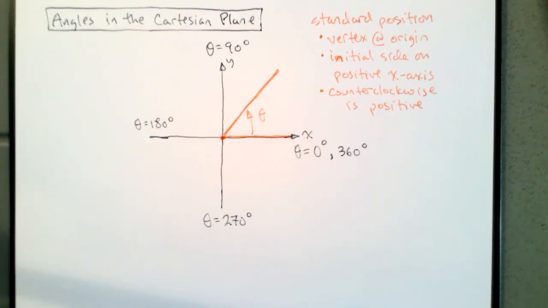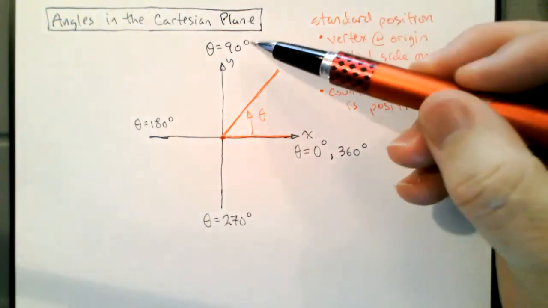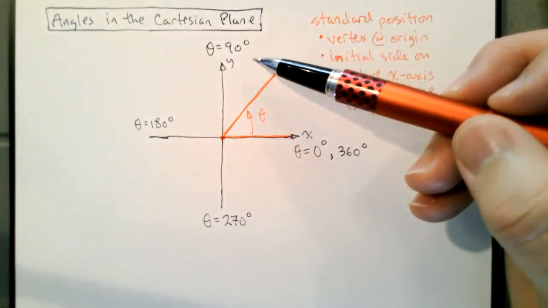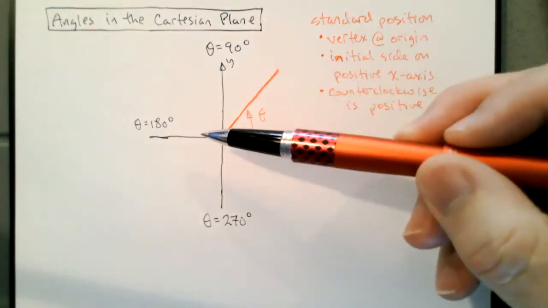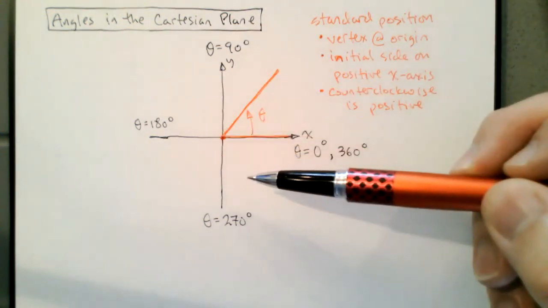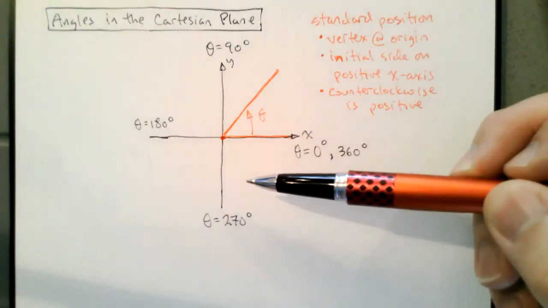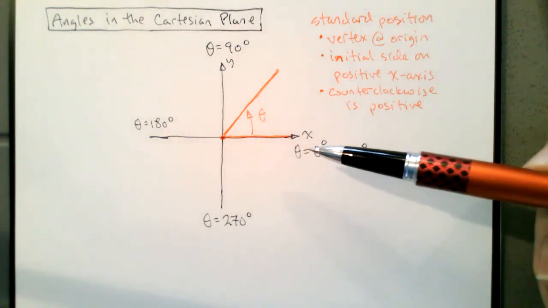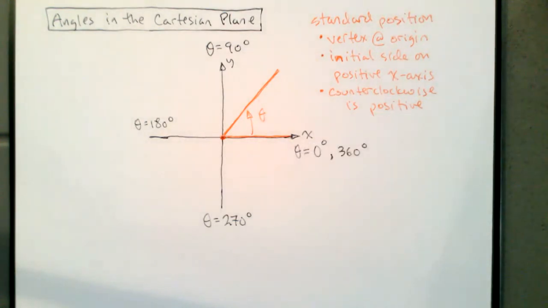If we kept going, 90 degrees is also 450 degrees, 180 degrees is also 540 degrees, 270 is also 270 plus 360, and 360 degrees is not only also 0, but also 720 degrees. That's why in a jump, if you make 2 circles, that's a 720.